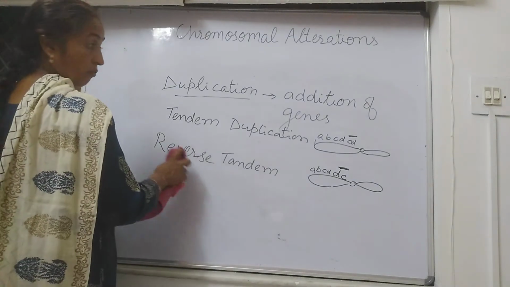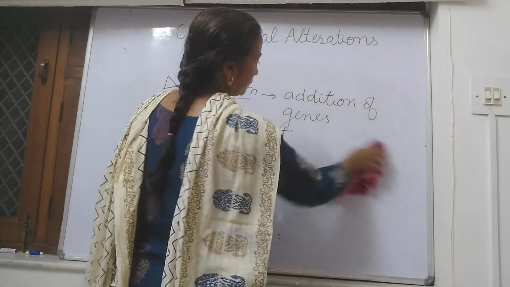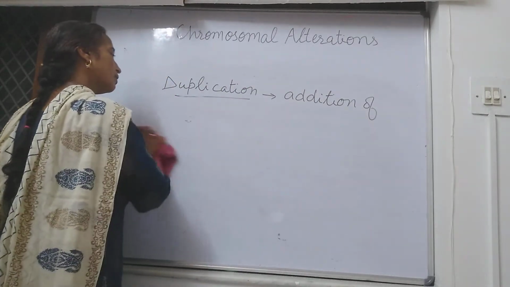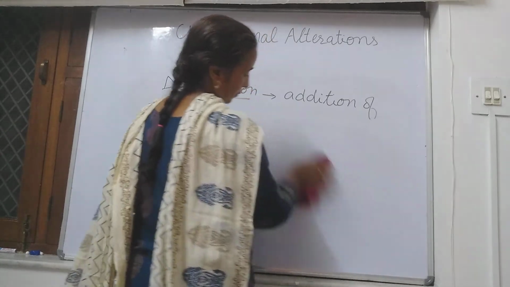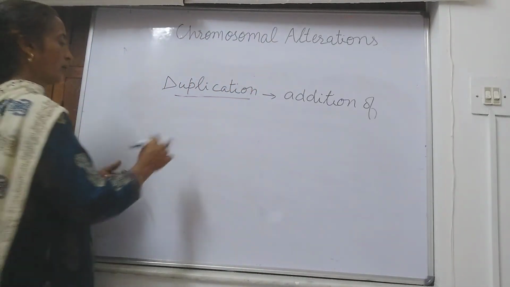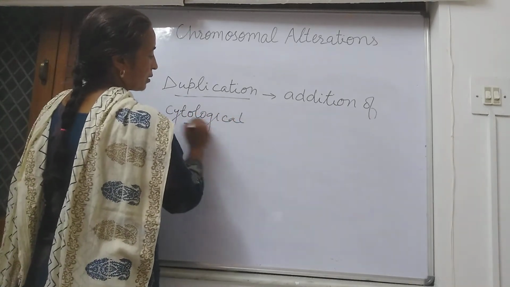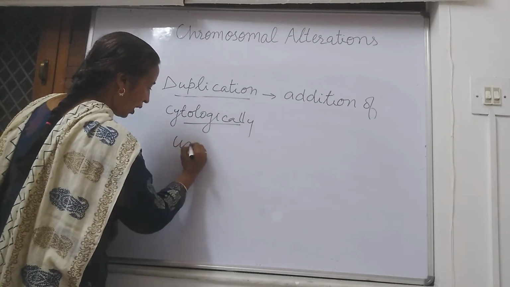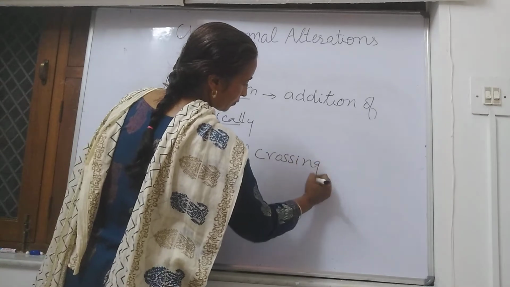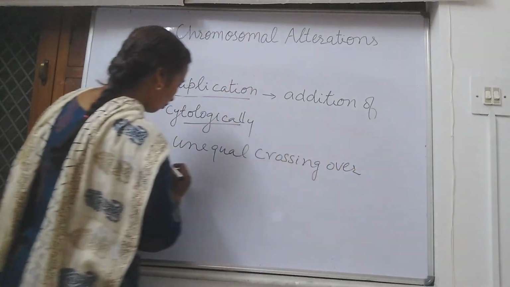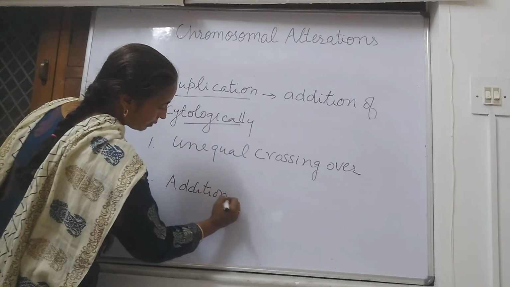And what are the effects in duplication? Cytologically, duplication occurs either due to unequal crossing over or due to addition of genes.